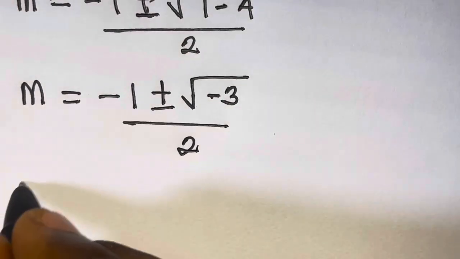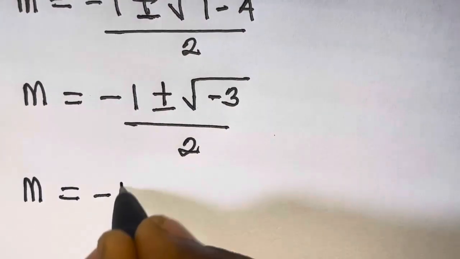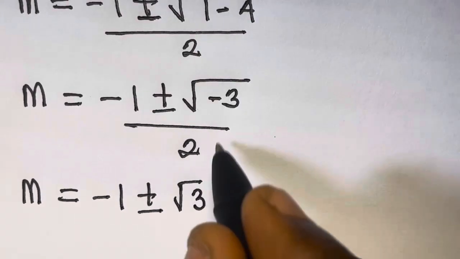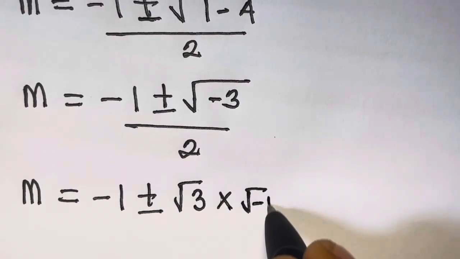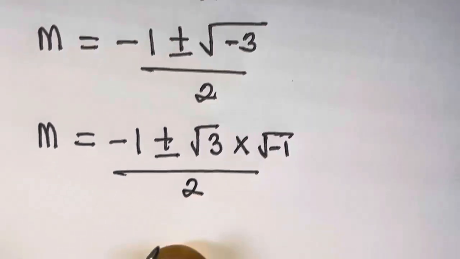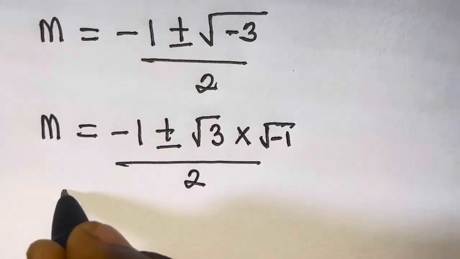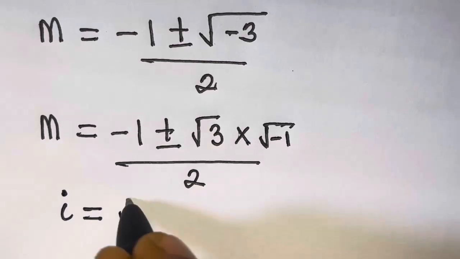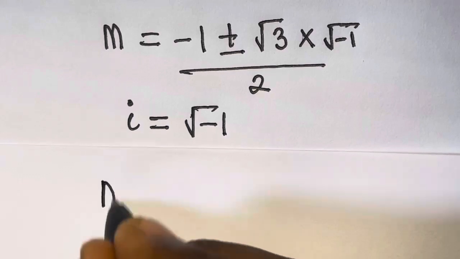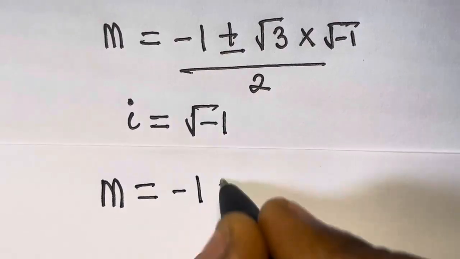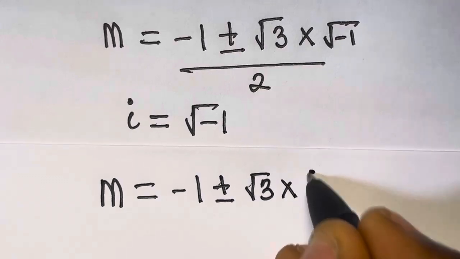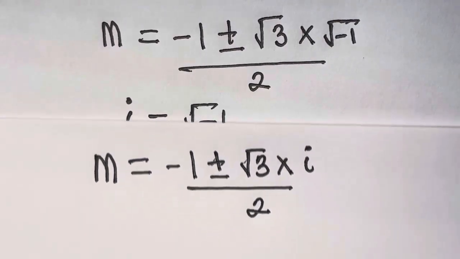Here we have m equals minus 1 plus or minus square root of 3 times square root of minus 1, divided by 2. Let's recall that i, which is iota, equals square root of minus 1. We have m equals minus 1 plus or minus square root of 3 times i, divided by 2.